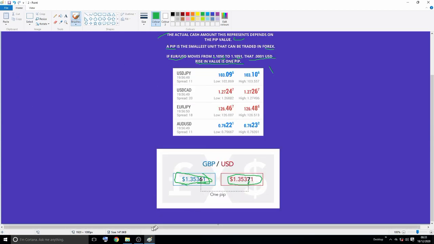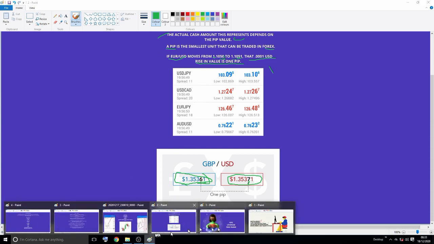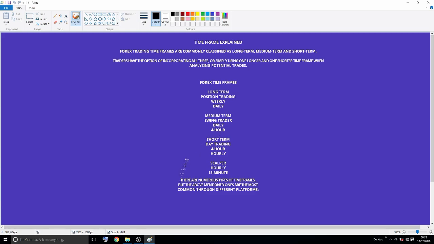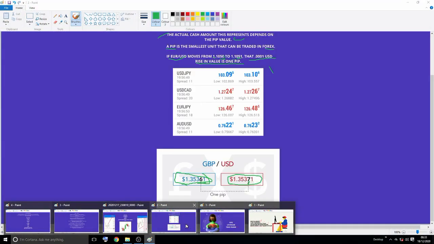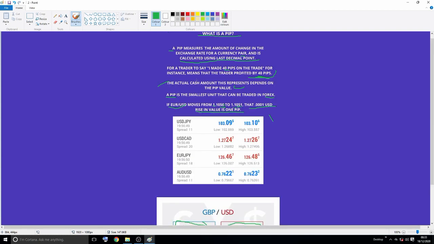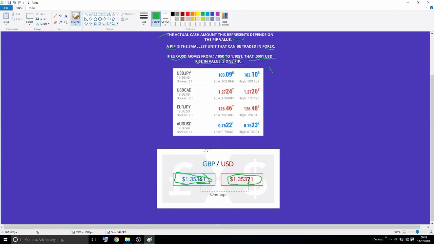So a pip is the smallest value that we can trade. So you now know what it means when a trader says they made 40 pips, and how it works.